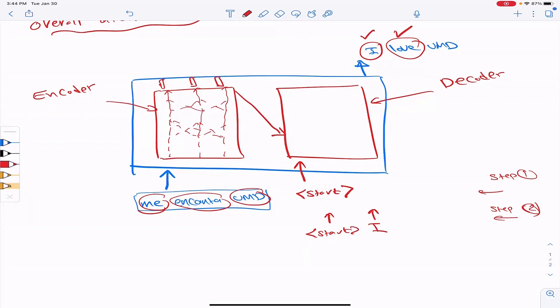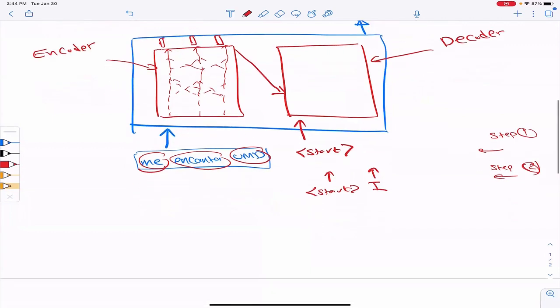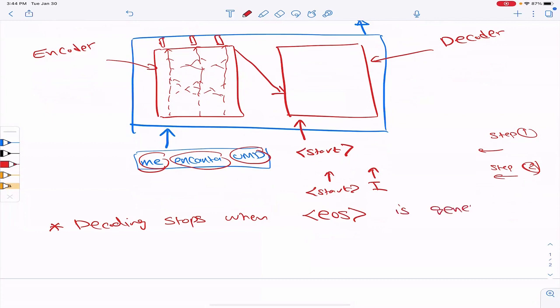When do we stop? We stop when we generate the end of the sentence token. Decoding stops when the end of the sentence token is generated. And that's it.